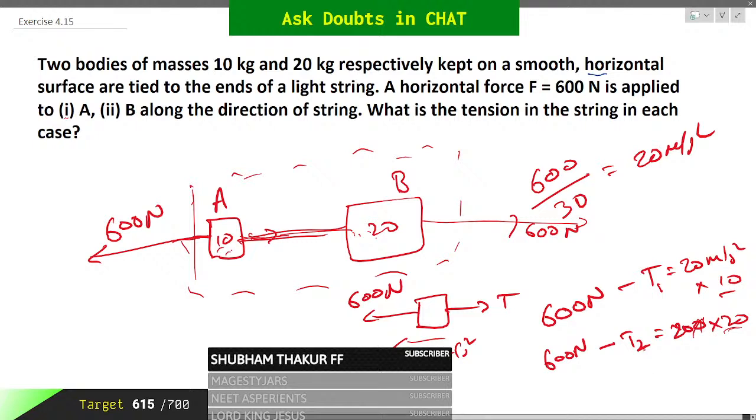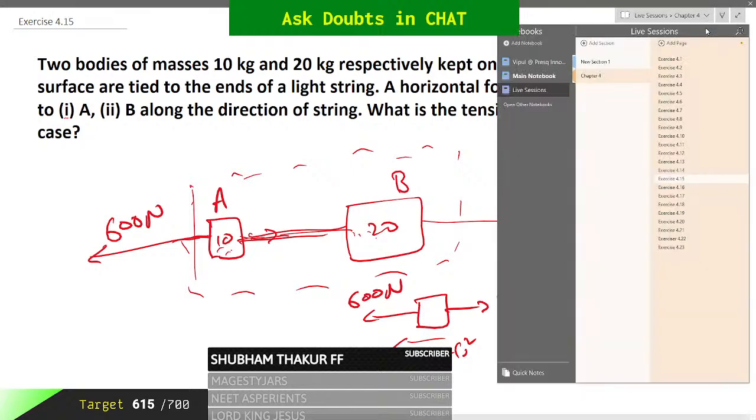So we see the value of tension would change over here, and the tension in the string in the first case would be twice as much as in the second case.